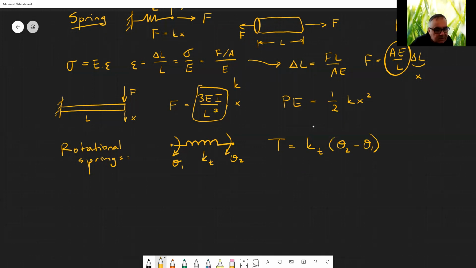And here the energy will be 1 over 2 Kt (theta 2 minus theta 1) squared. Sorry, not the kinetic energy, it's the potential energy in the spring.